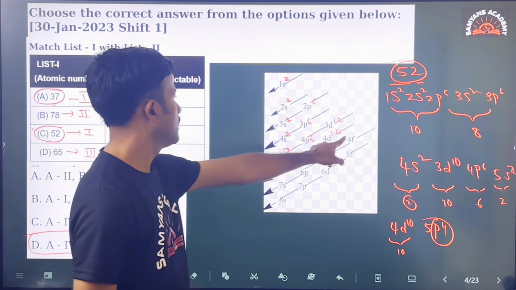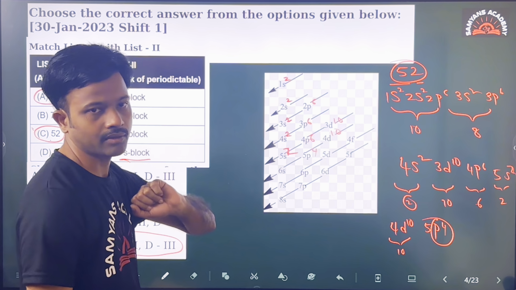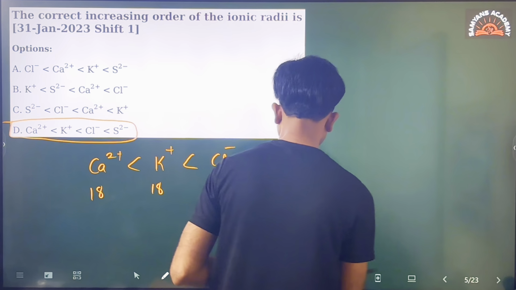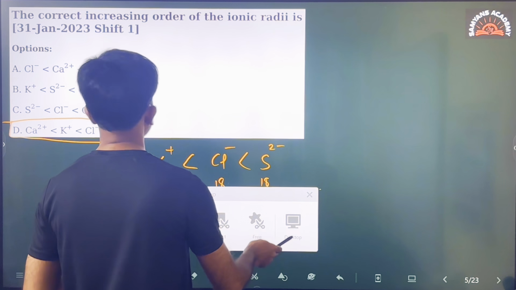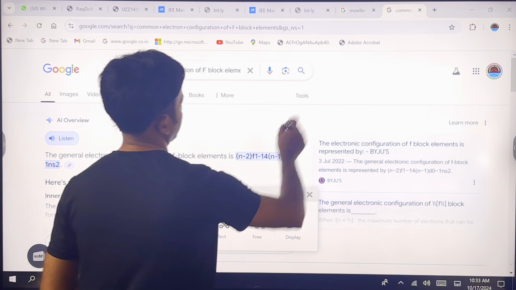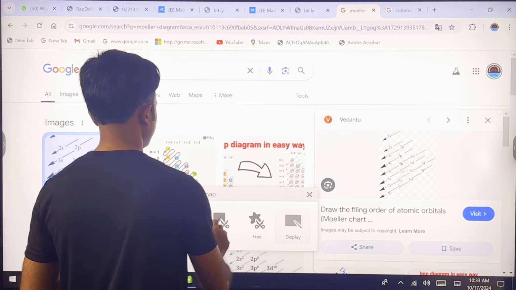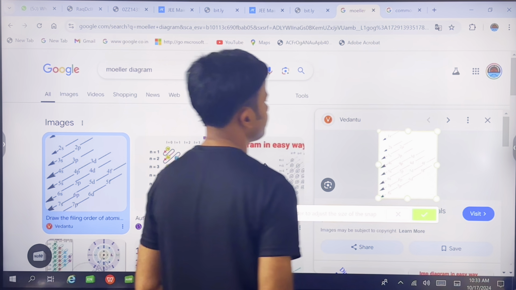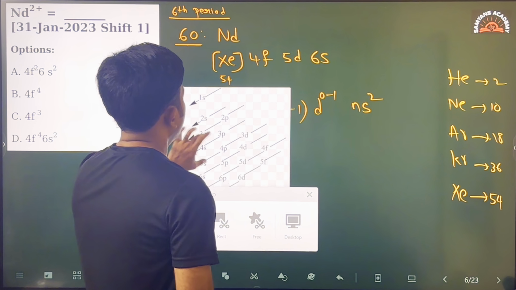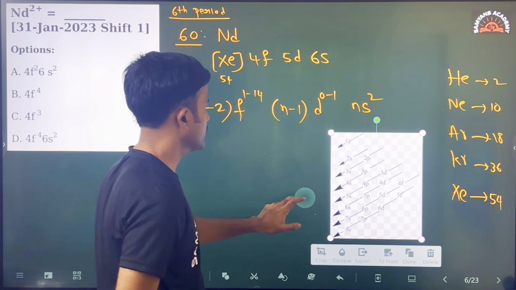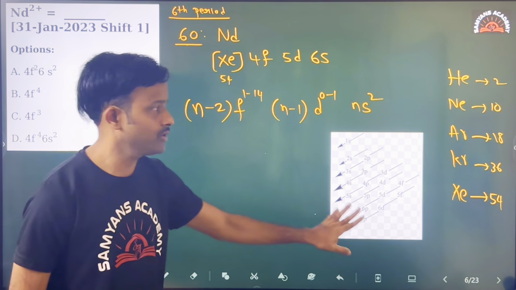After 6s, 4f will come, then 5d. Just a minute. Keep this Moeller diagram in your mind.